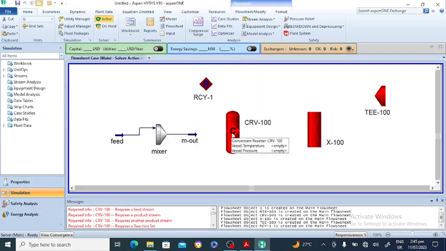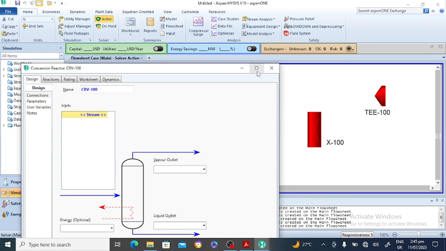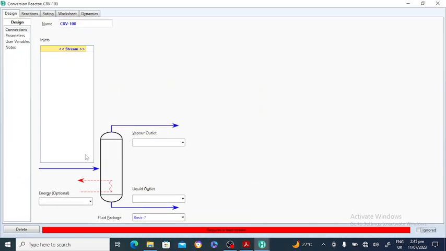Now this feed will go to the conversion reactor. Click on the conversion reactor and rename it. The feed will be the mixer outlet, and this is the reactor top, the top product of the conversion reactor, and the bottom product is the reactor bottom.